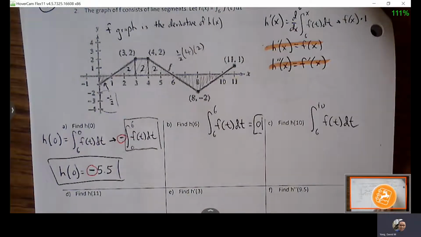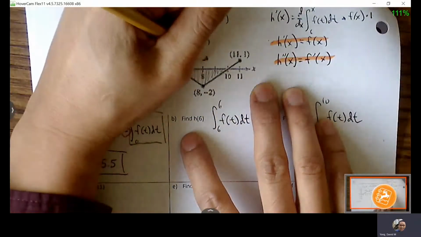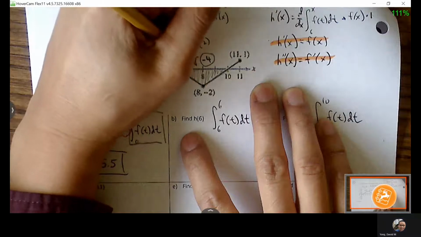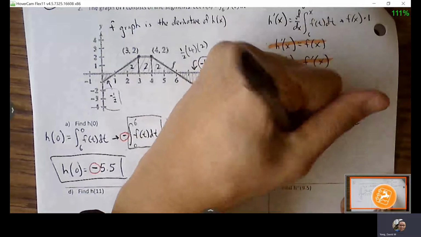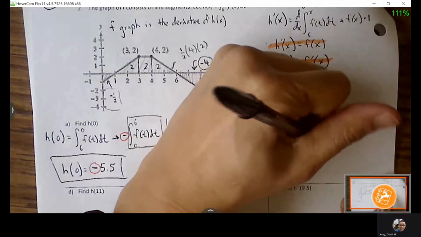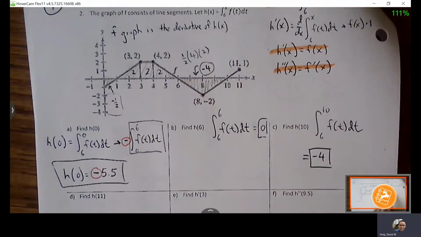I get 4, but it's below the x-axis, so I need to make this negative 4, right? Okay, any questions so far?